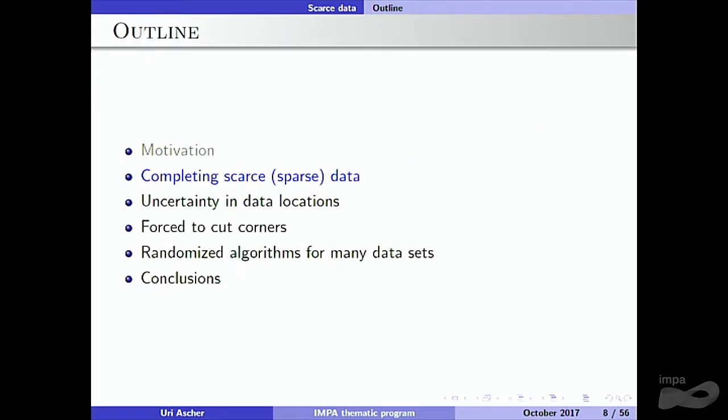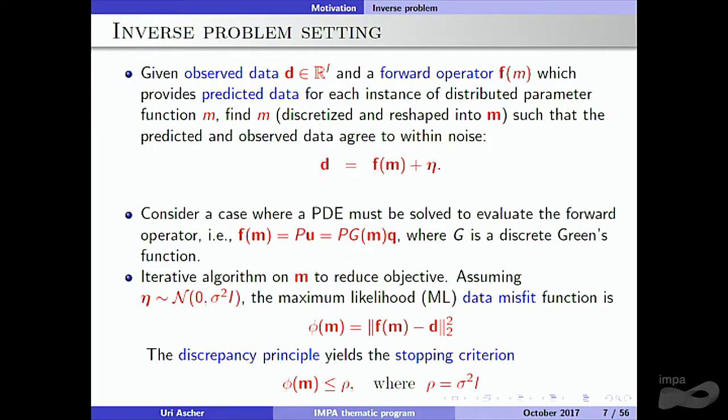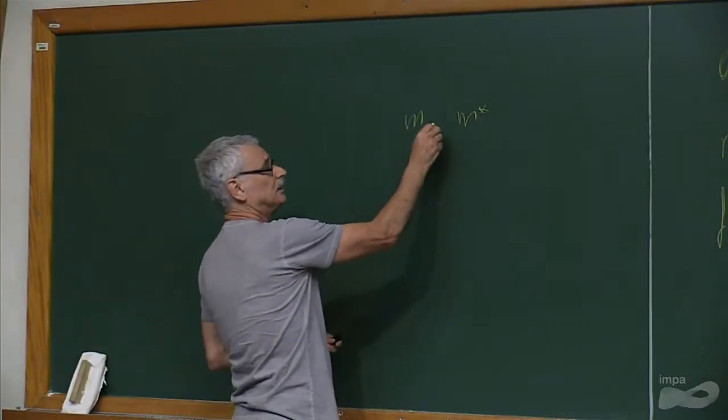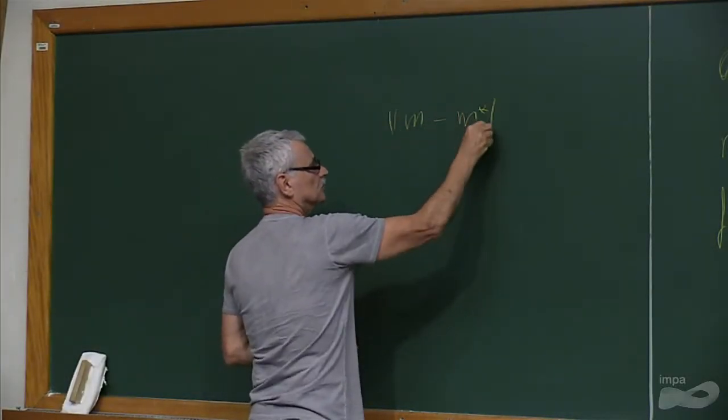The other thing is that in this kind of problems, diffusive problems, it is much easier to make phi of M less than or equal to some rho than it is to make M close to M star. What we want really is to minimize the difference between the computed M and the exact M in some norm.